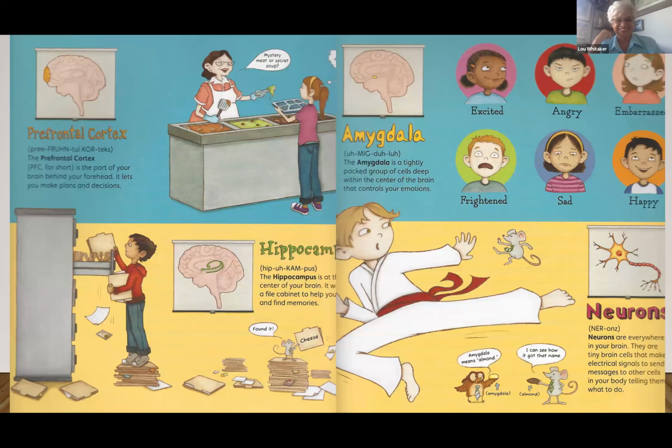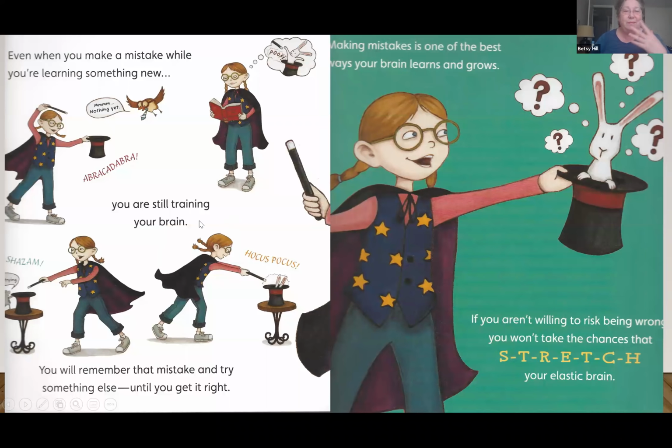So when kids understand that there's a reason for these experiences that they're having, then they can feel more comfortable about it, and they're not out of control anymore. It's something that they can actually start to manage. It talks about making mistakes, the fact that you're training your brain and you're going to remember the mistake and try something else until you get it right.